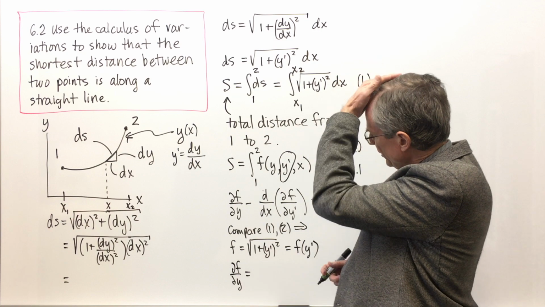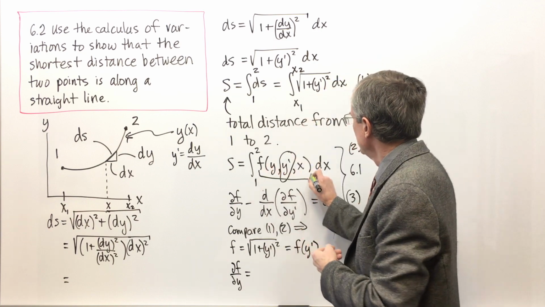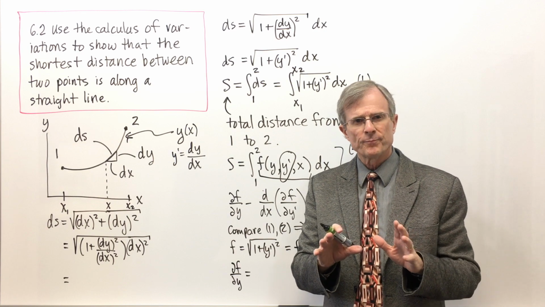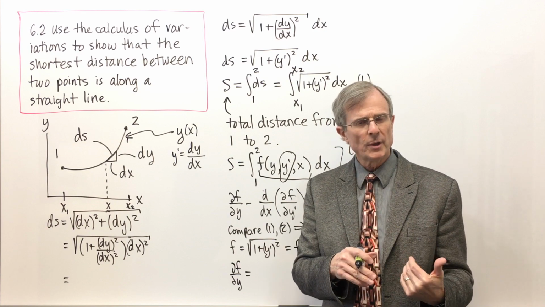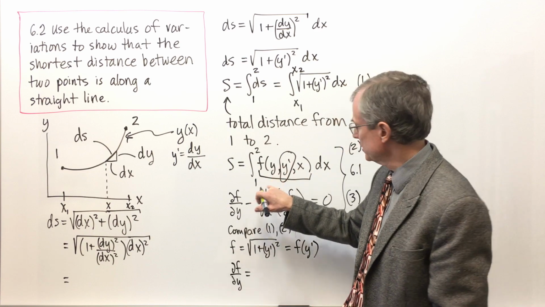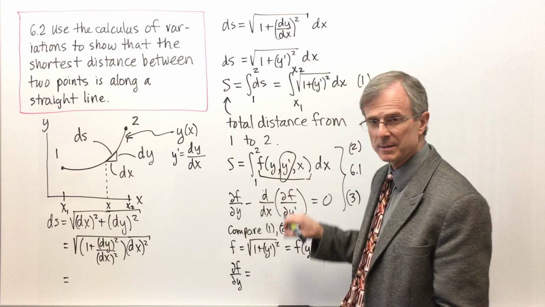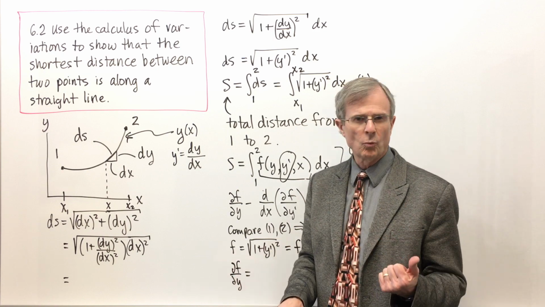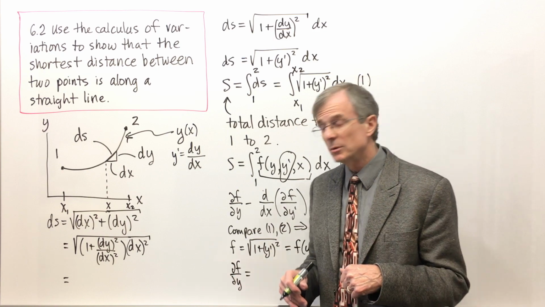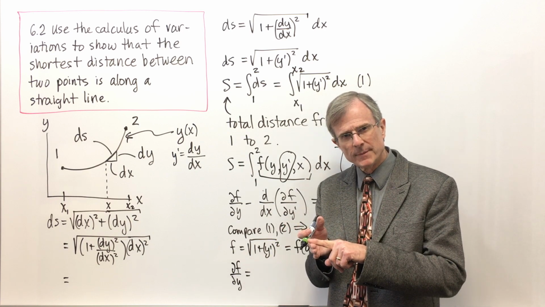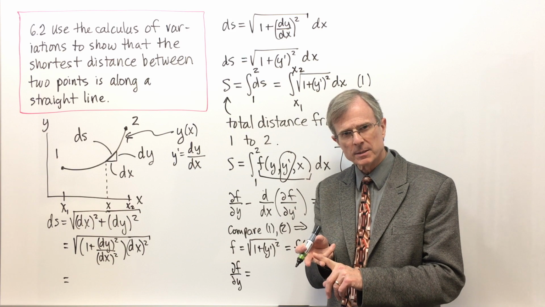For a partial derivative, you have to explicitly state which variables there are and which you have to hold constant. So the independent variables of f are y, y prime, and x. So when you take a derivative of f with respect to y, you're going to hold y prime and x constant.